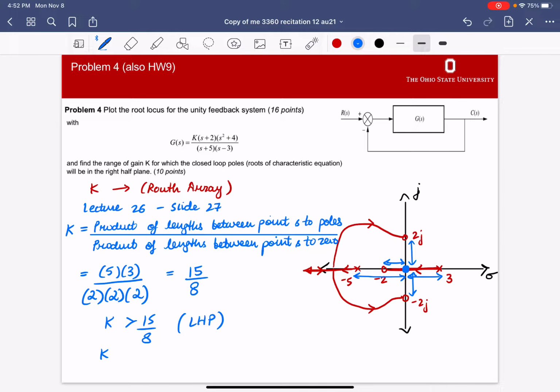If we want it to be in the right half plane, we want it less than 15/8. Does that make sense? Any questions?